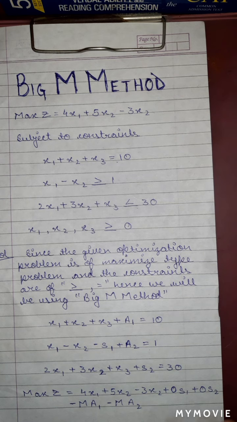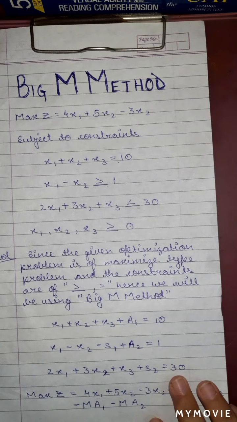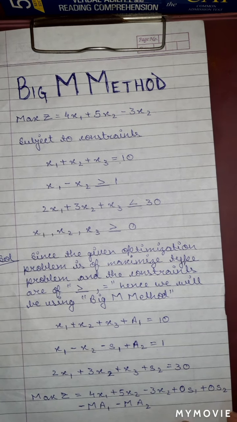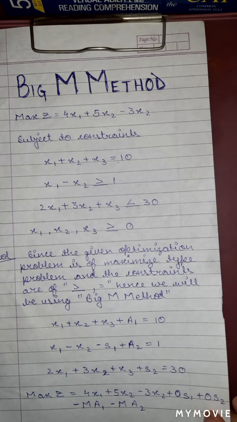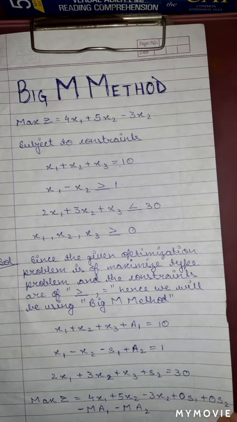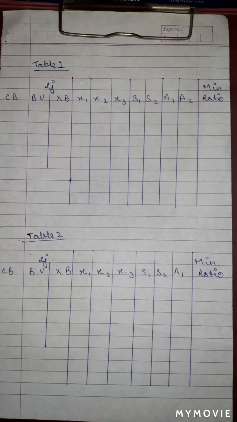Now coming on to the table, we will be making the tables as we have made in the simplex method, but there will be a few changes in it, a bit of change. So how to fill the values in table 1?